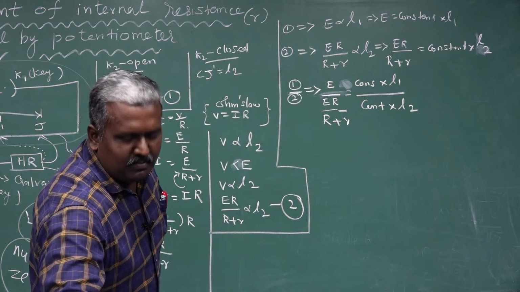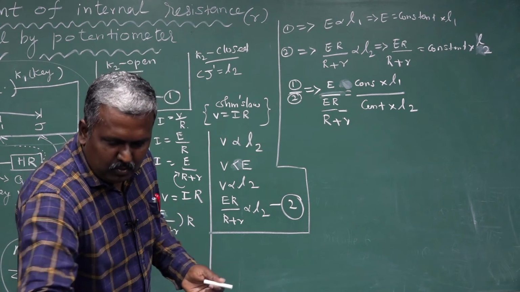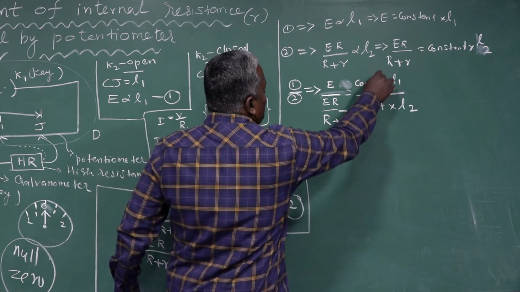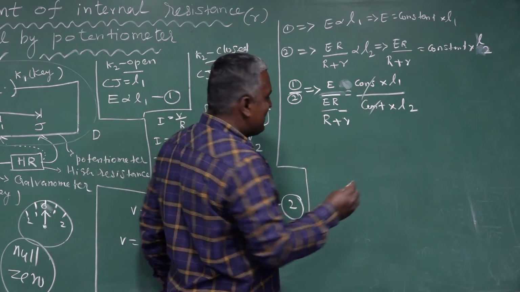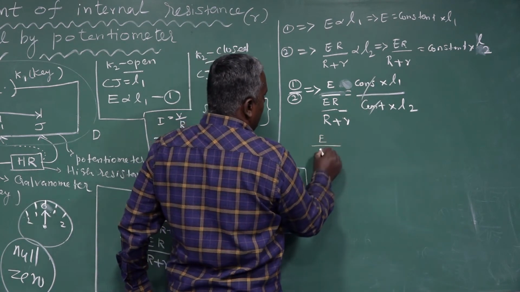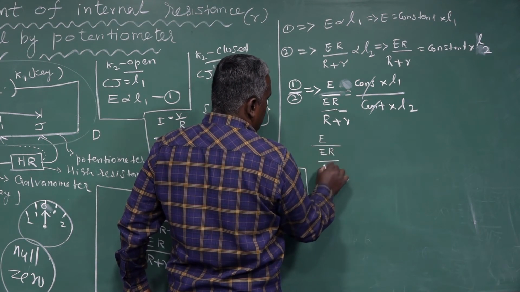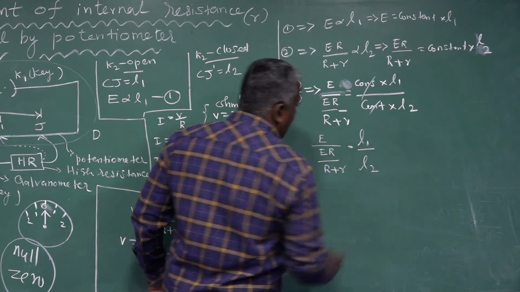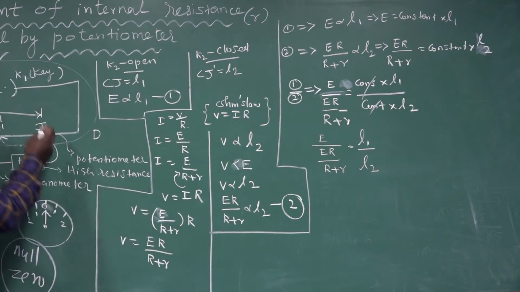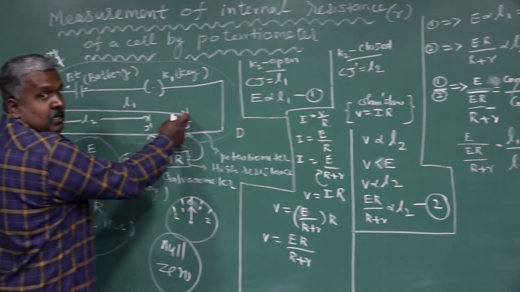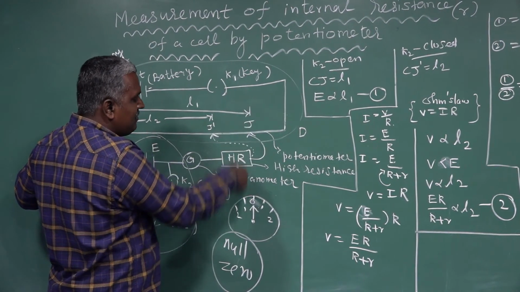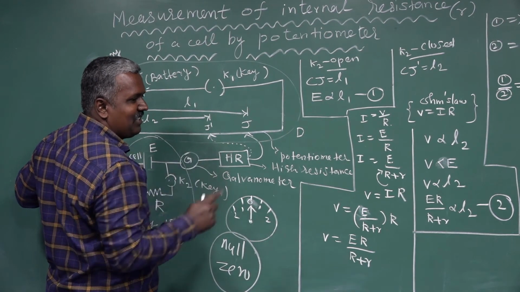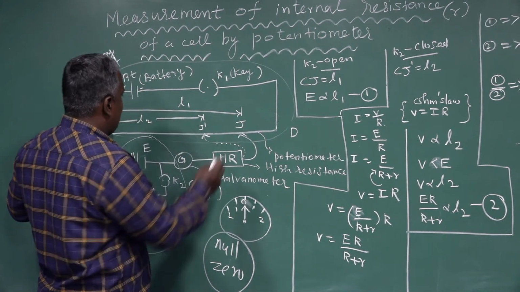Very simple. We are going to the climax now. Constant cancels. What's the remaining? E by ER by R plus r is equal to L1 by L2. This is L1 in open circuit, where current does not flow, so the galvanometer shows null deflection. Keep in mind, null deflection.